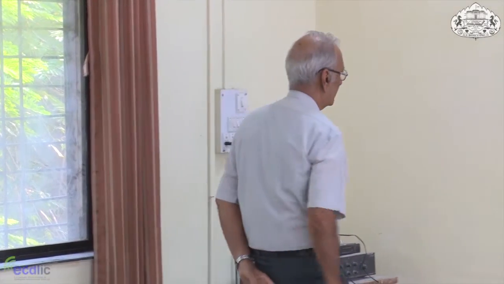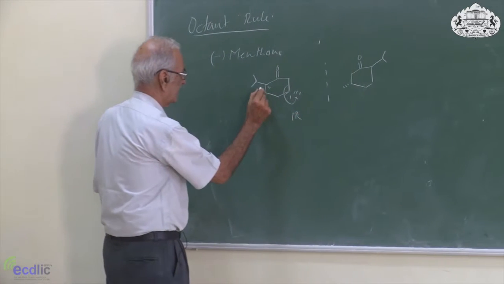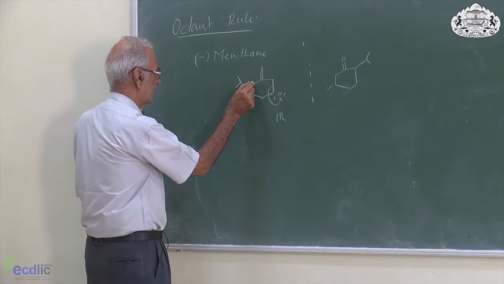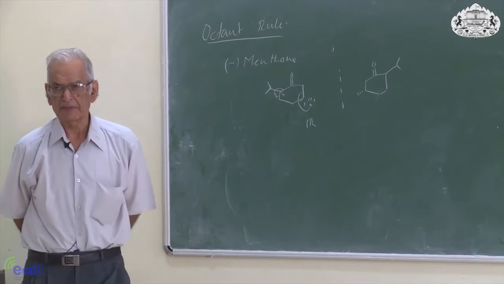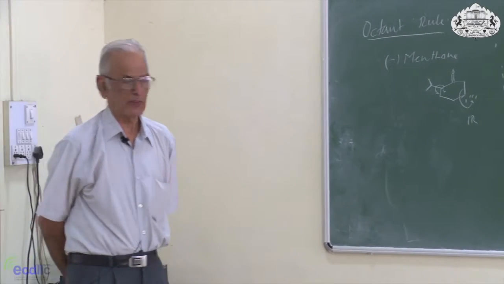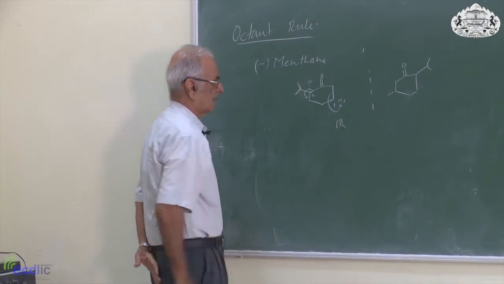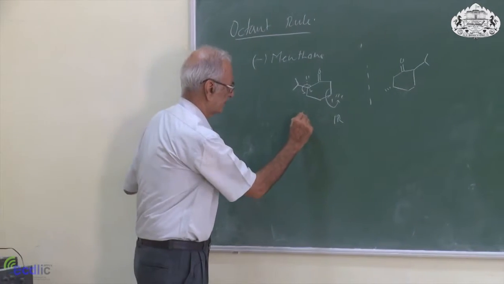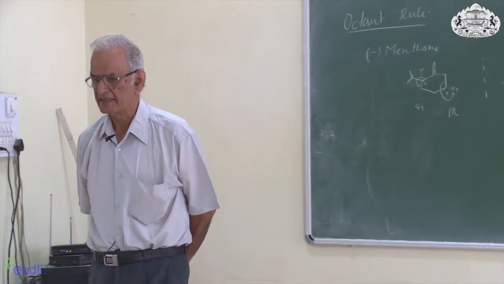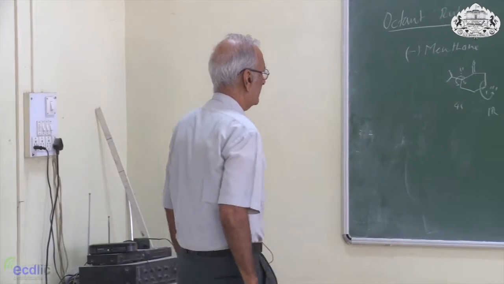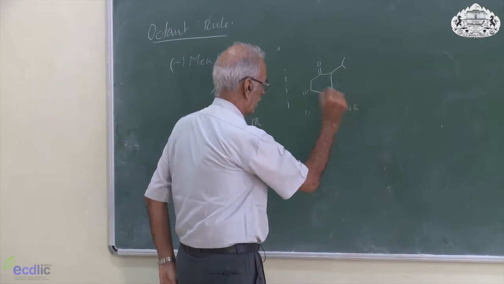Therefore, it's your 1R. When I look at this, first, second, third describes an anti-clockwise direction. Hydrogen is below. So, this is 1R 4S. Obviously, the other will be 1S 4R.